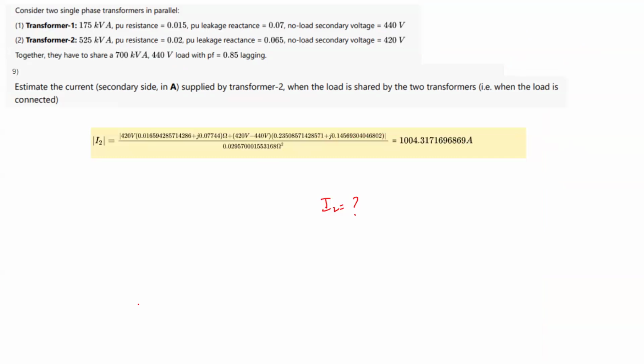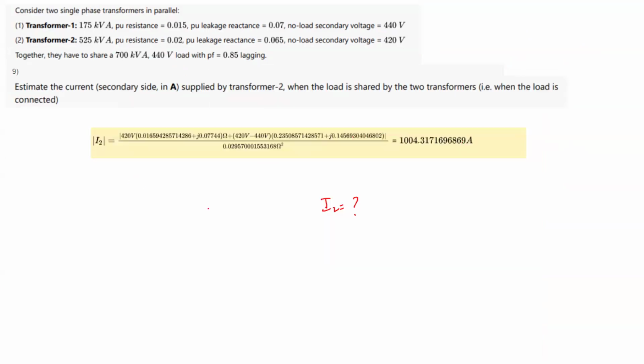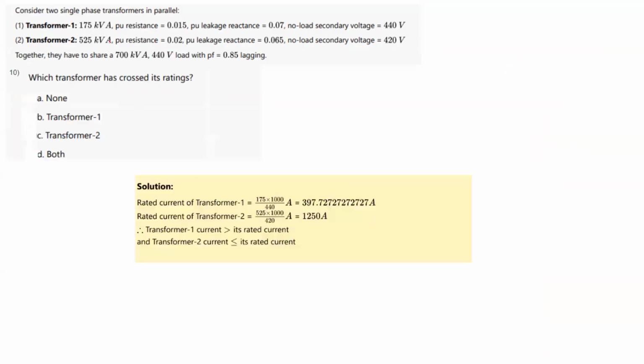Now here you see, what they're asking is that on the basis of the I1 and I2 which you have calculated, you have to see whether any of the transformers have exceeded their ratings or not. So you can calculate the transformer current rating. This current rating you can directly find.